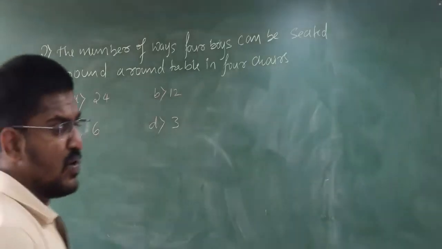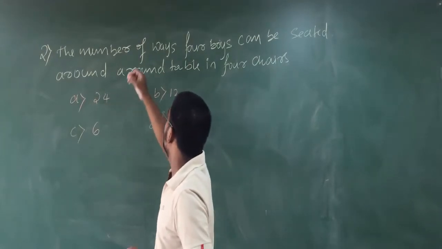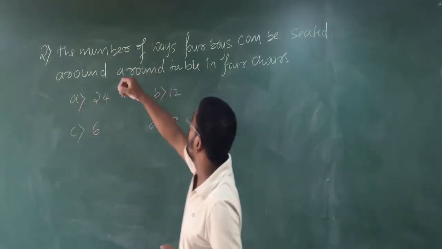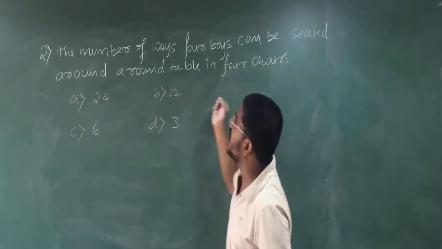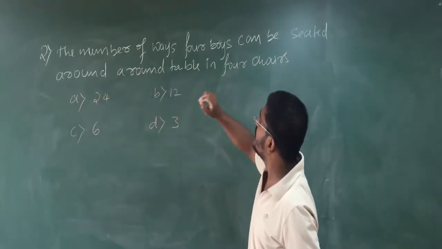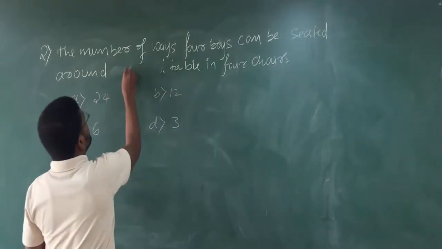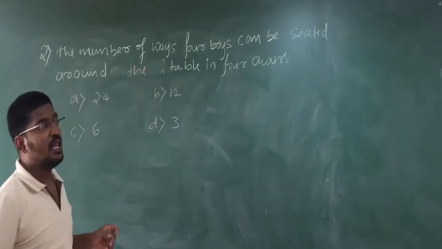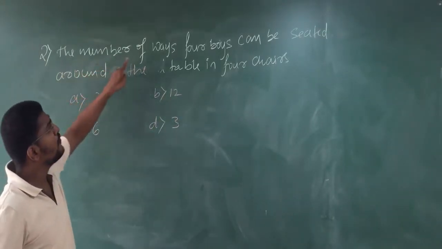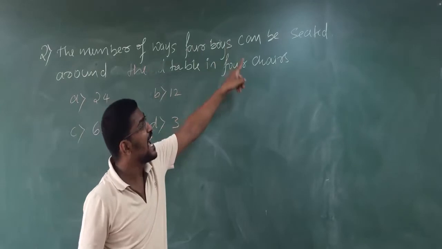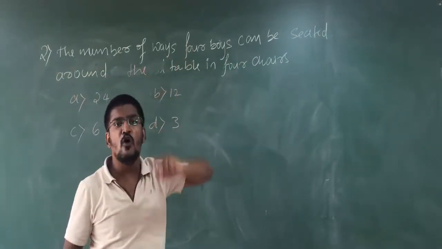Okay, students. Now let us go for the next problem, that is the number of ways 4 boys can be seated around a table in 4 chairs.